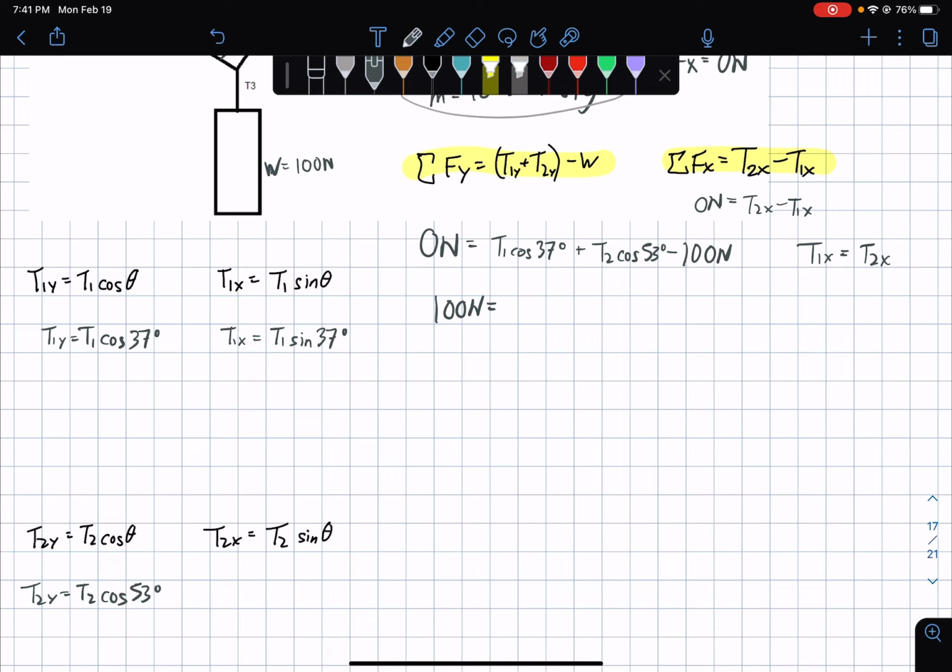So let's see what fate decides. T1x is T1 sine 37 degrees. T2x is T2 sine 53 degrees.